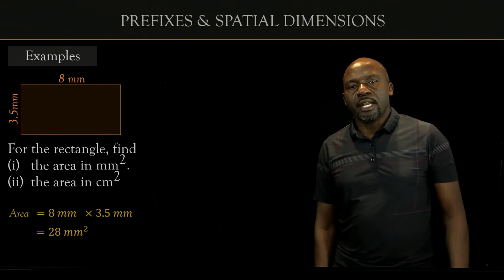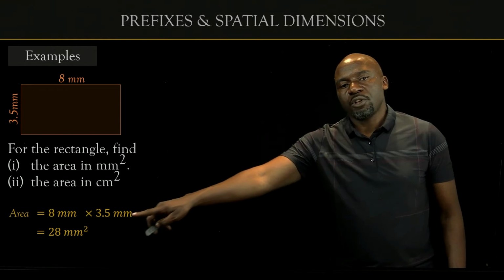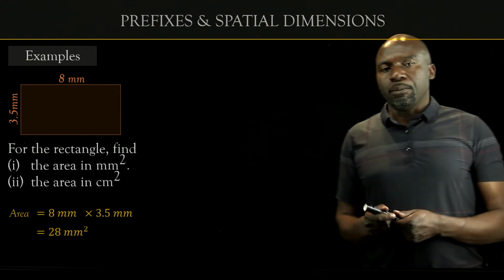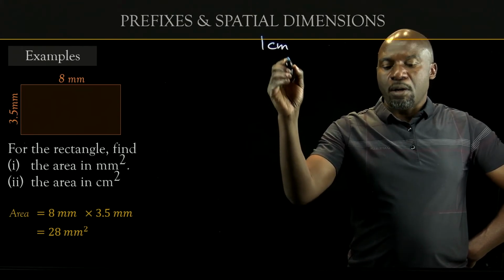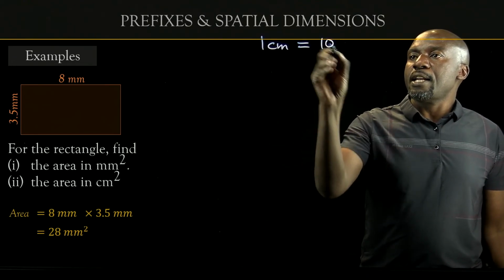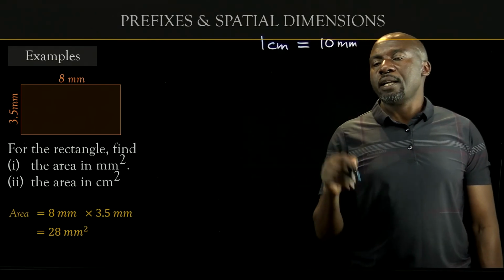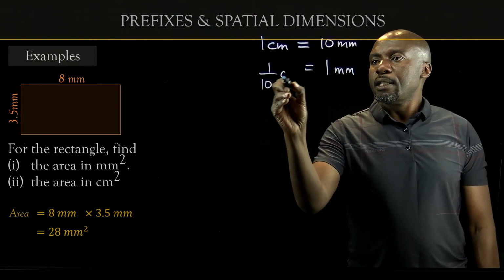Okay, now the next one is to find the area in centimeters squared. There are several ways of doing this. One of them is to change each millimeters to centimeters before you multiply, or work with what you already have and change that to centimeters squared. So using the one method, 1 centimeter is the same as 10 millimeters. Okay, therefore we have millimeters squared, so 1 millimeter is the same as 1 over 10 centimeters.